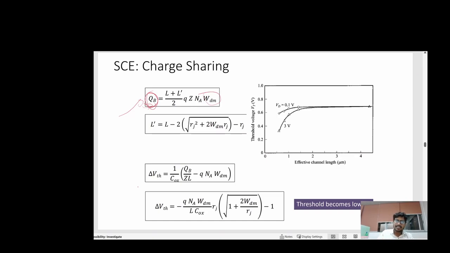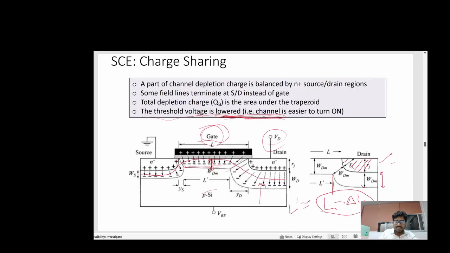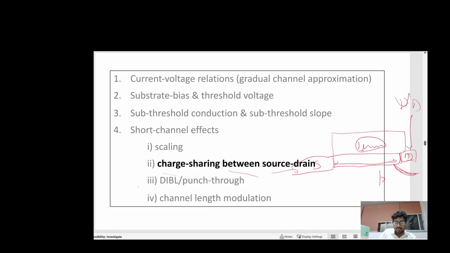Z is the channel width, channel length is L, and Z is how deep inside. L into Z is the rectangular area.